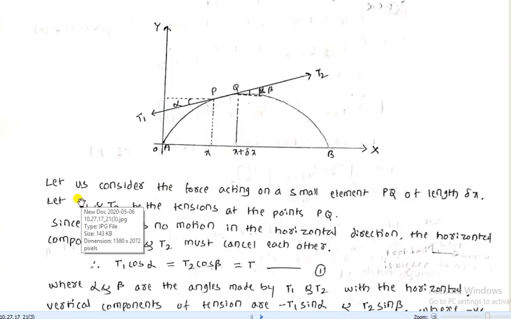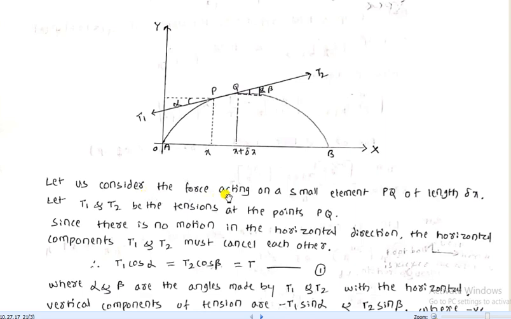Consider the force acting on a small element PQ, the length of PQ is delta x, and T1 and T2 are the tensions at the points P and Q.